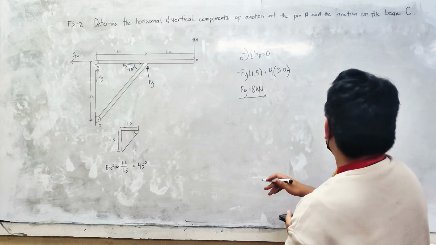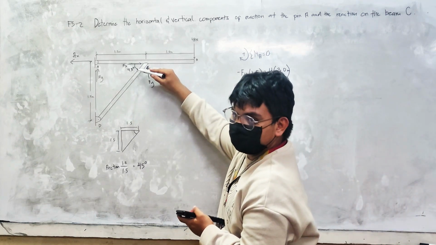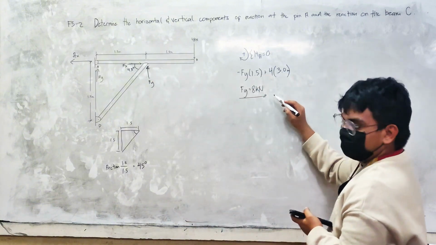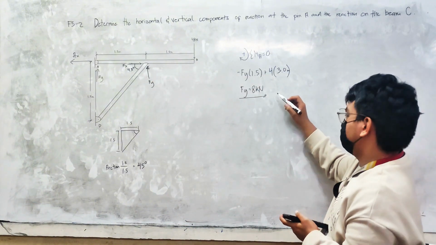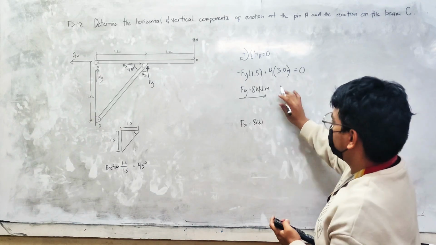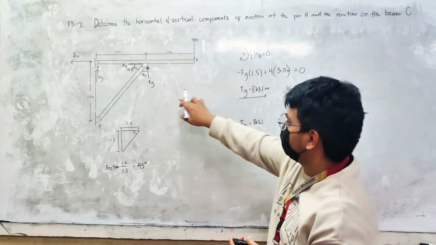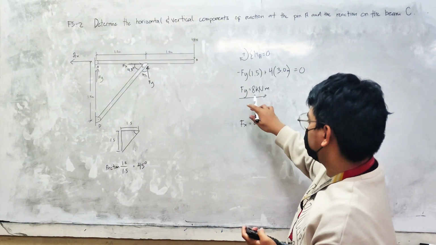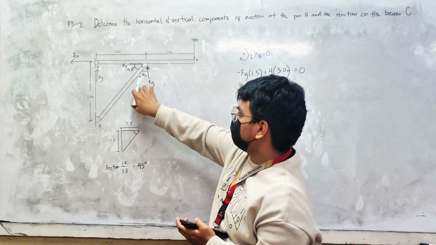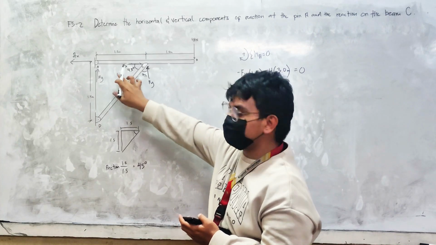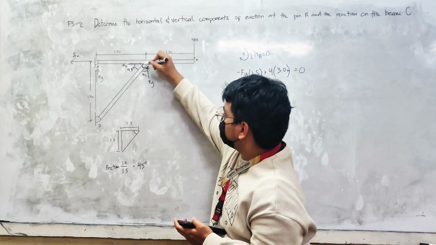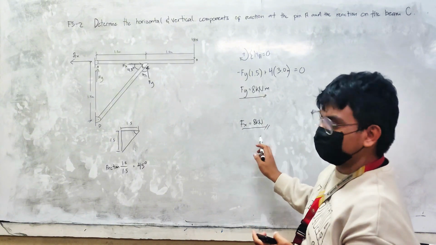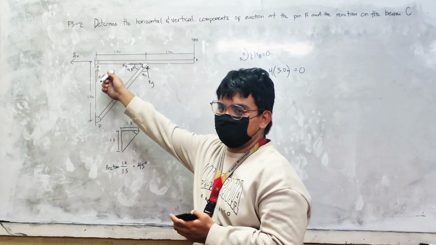Then, since this is 45 degrees, since we have our Fy, which is here, equivalent to 8 kilonewton, so since it is 45 degrees, so we have a 90 degrees triangle. So we have our Fx is equal to 8 kilonewton because it is the same.